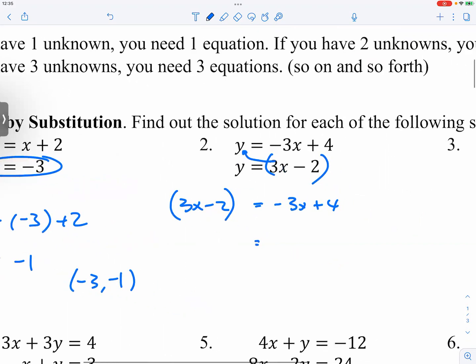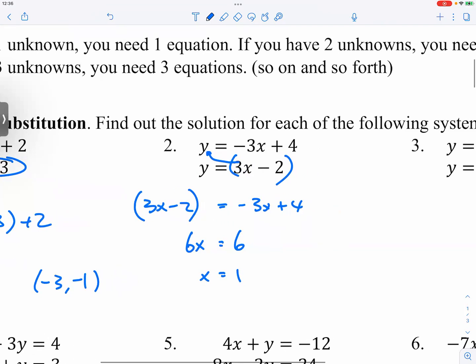So you will have minus 6, no, I mean plus 6x, and that's equal to 6. And x is equal to 1.